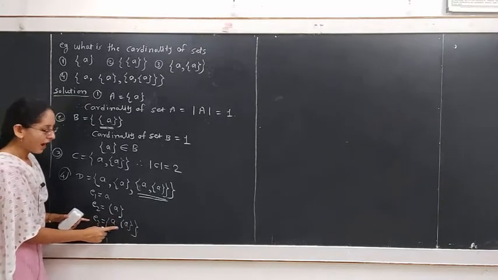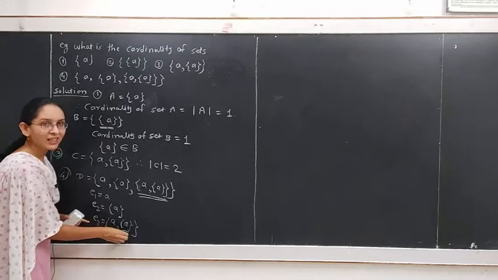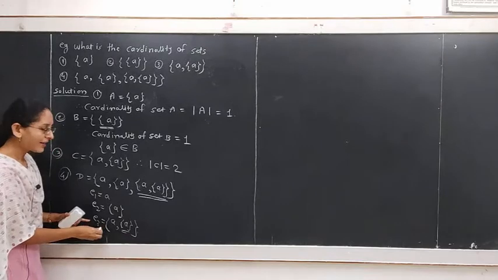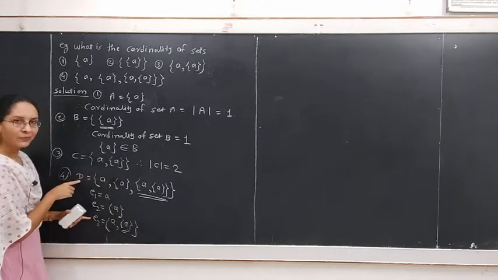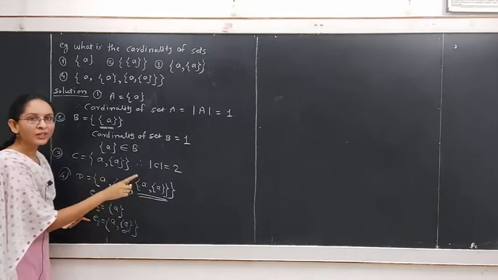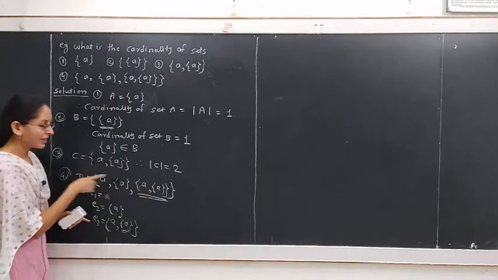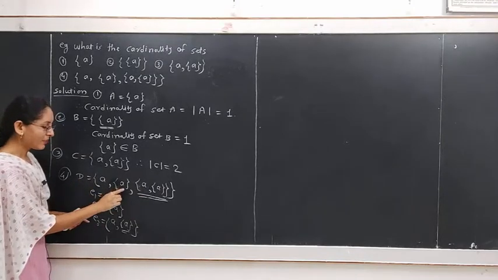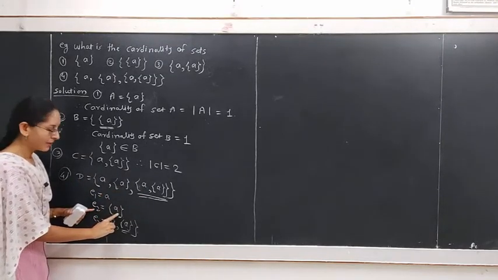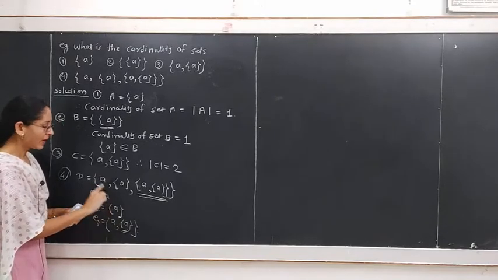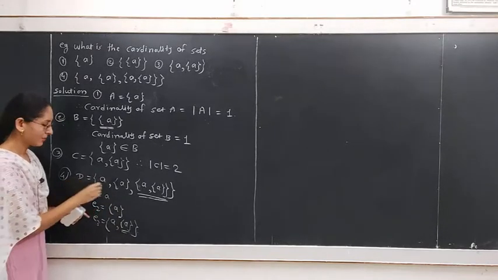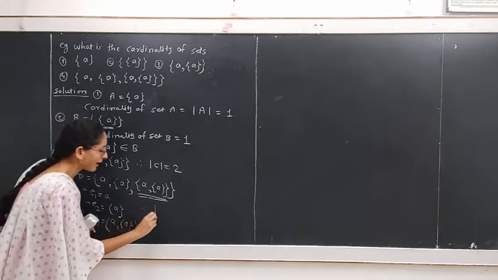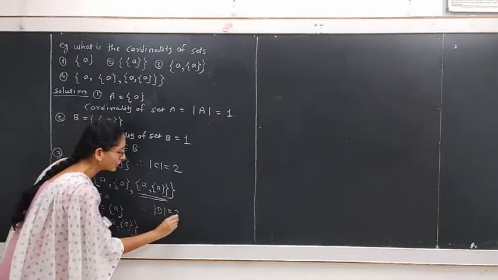First element is a and second element is in the form of set A. Hence these are two distinct elements that belong to E3, and E3 belongs to the set D. Hence E3 is considered as a single element of the set D. Second element is E2, which is singleton set A. First element is a. Hence D contains three elements, namely E1, E2, E3. Therefore cardinality of D is equal to 3.